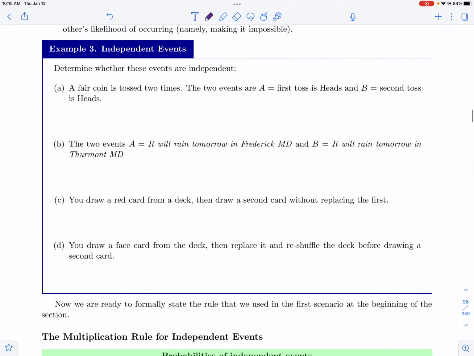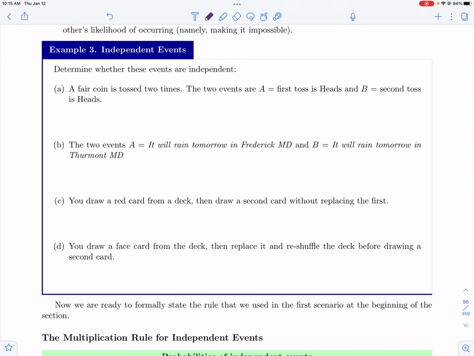So for example, 3, a fair coin is tossed 2 times. The 2 events are heads on the first toss and then heads on the second toss. So are these events independent? Does the first event influence the fact the second one could be heads or tails? Since they're coins, just because I flip heads the first time, I'm not going to be less likely to flip heads the second time around.